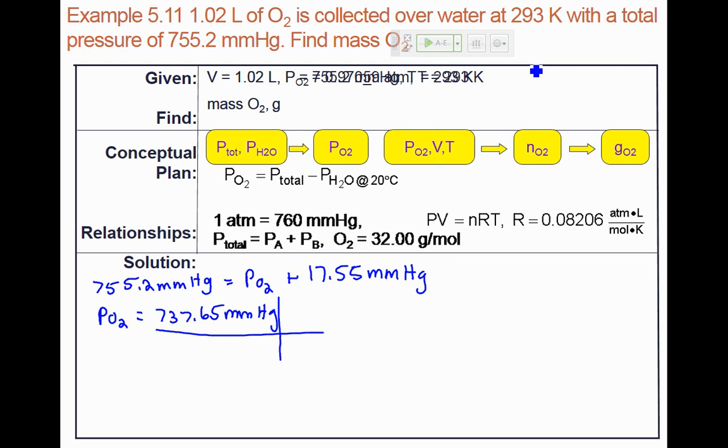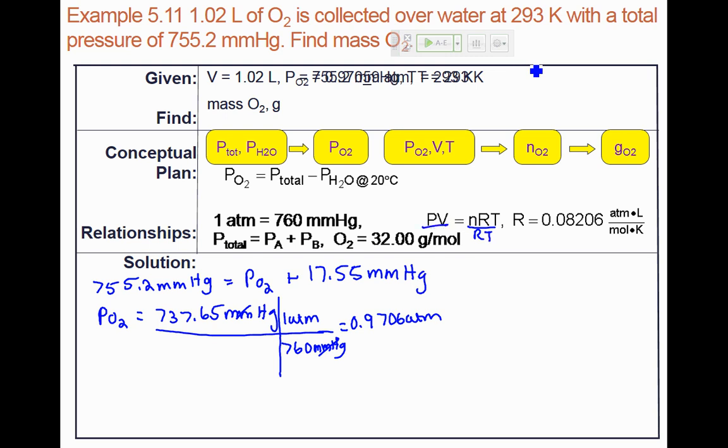So our ATM goes at the top and our 760 millimeters mercury at the bottom. So that tells us that our partial pressure in ATM for O2 is 0.9706.